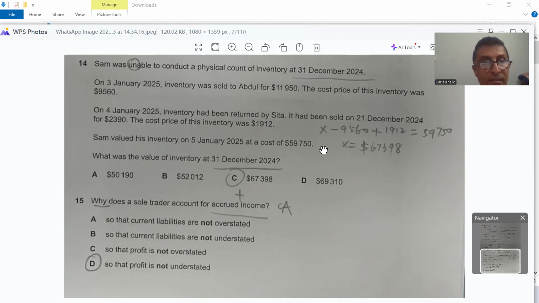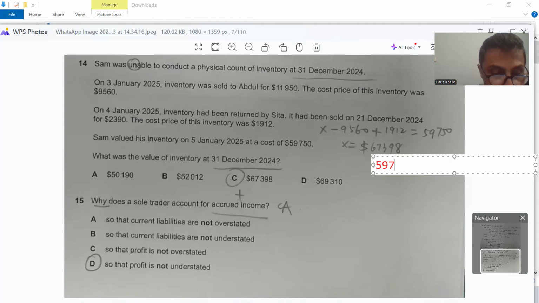So 59750. On 3rd January, what happened? Inventory was sold for 950. The cost price of this inventory was 9560. So remember this, that on 31st December, this inventory had not been sold. So it means that it is going to be added back. The 59750 plus 9560, we are supposed to add the cost price. On 4th January, inventory has been returned by Sita.